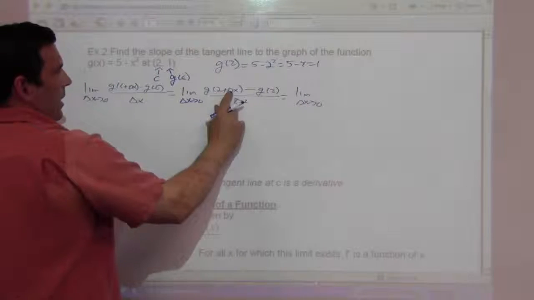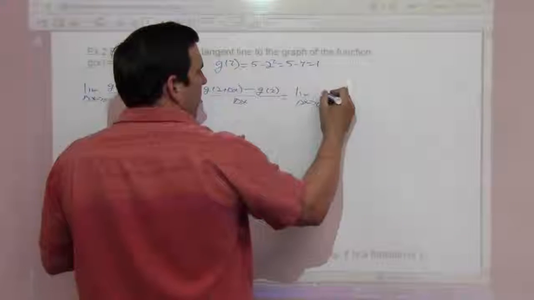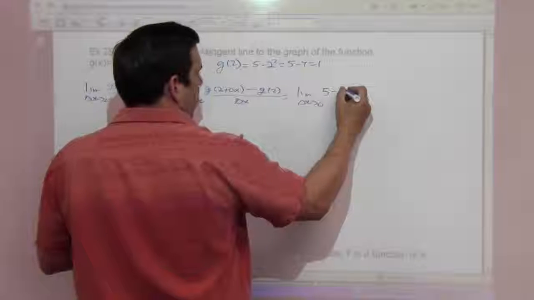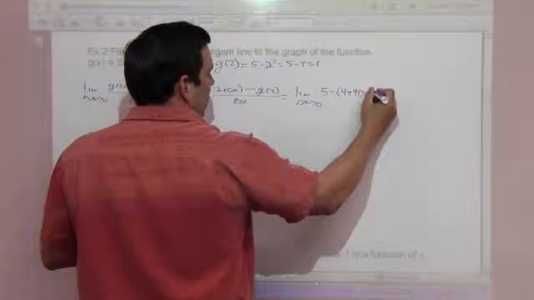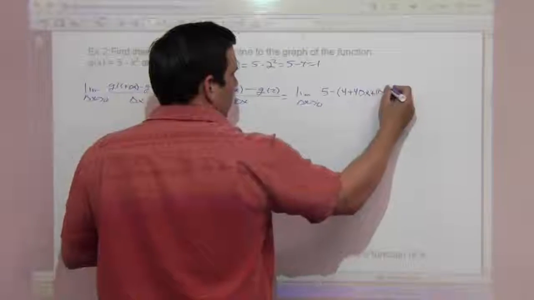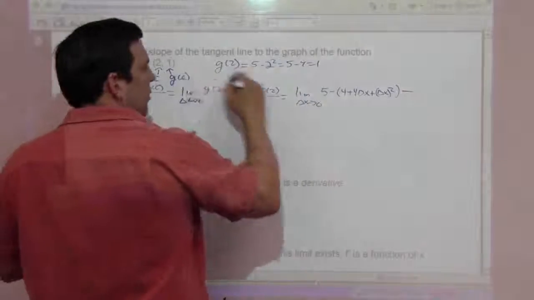Now, 2 plus delta x is going to go in place of this x in the x squared. So this becomes 5 minus quantity 4 plus 4 delta x plus delta x squared, minus, and g of 2 is 1.